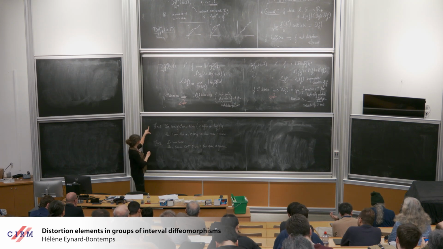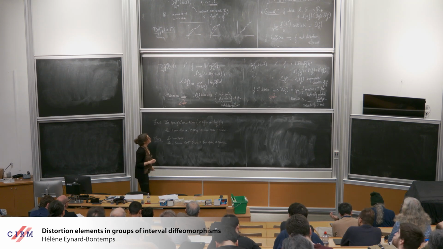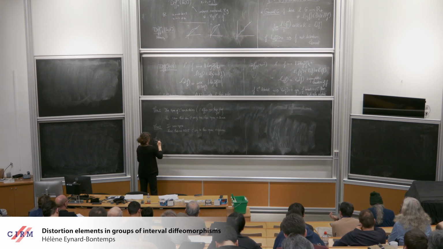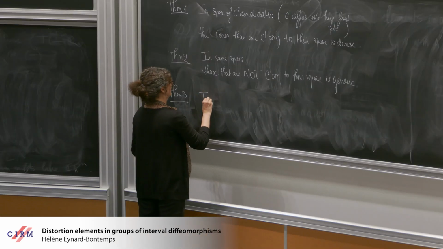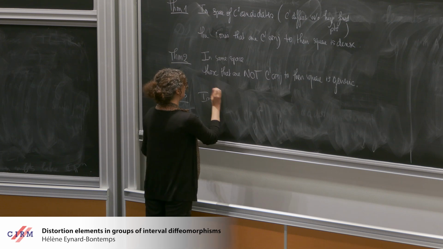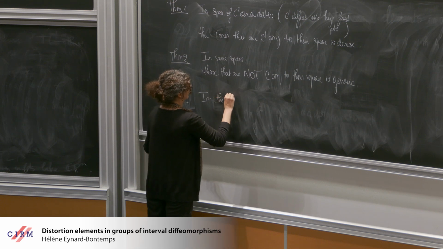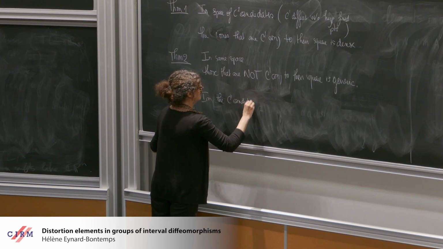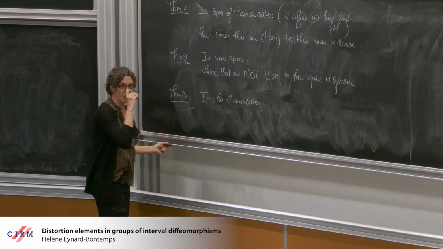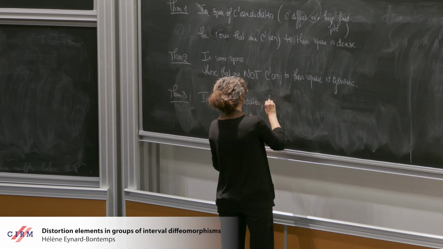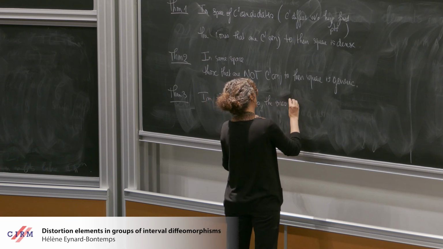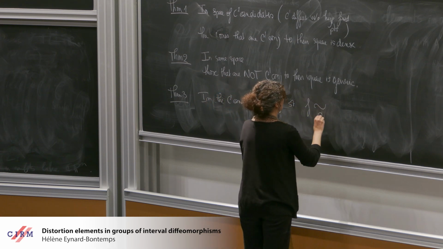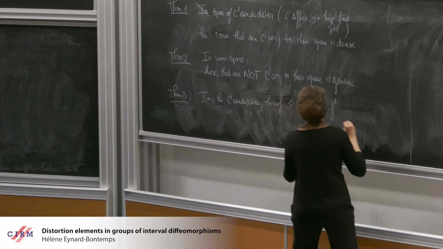And I'm going to focus on these 2 statements, but just to tell you, there's an analog of the first one in the C2 case. So in the C2 candidates, so the ones which have vanishing asymptotic variation, I'm going to use this notation for the conjugacy.